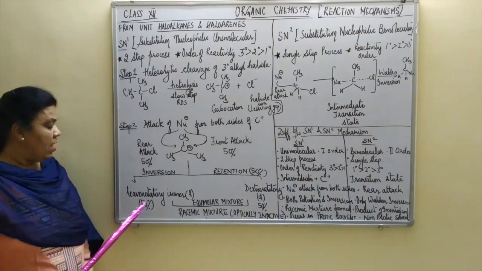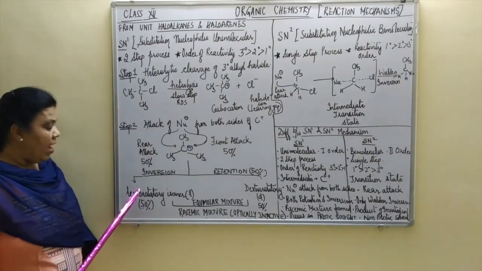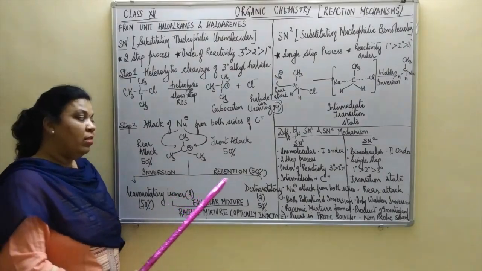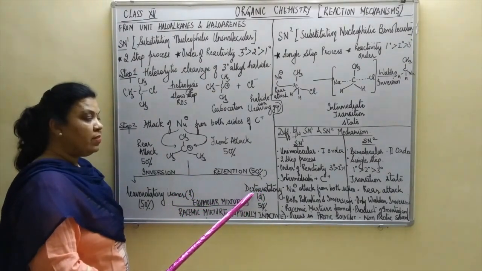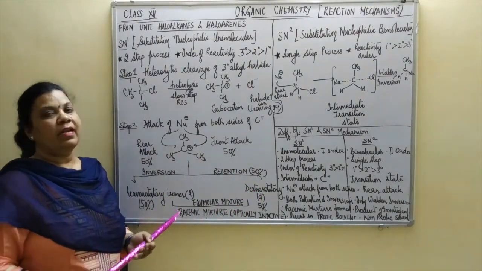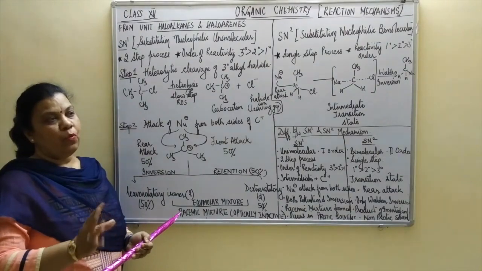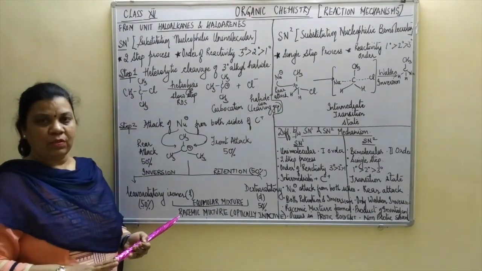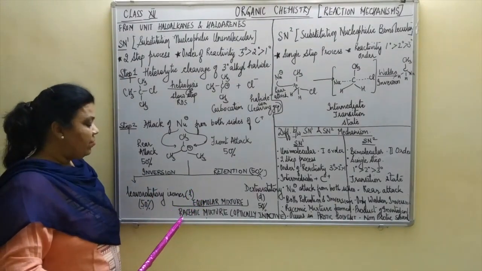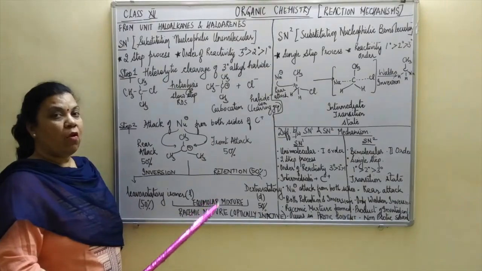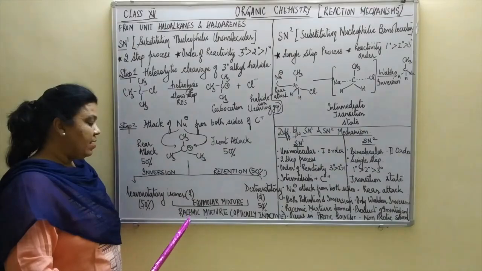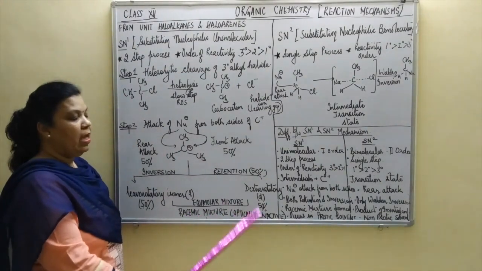It is so because if 50% of the levorotatory isomer is rotating the plane polarized light in the left direction, the dextrorotatory isomer is doing so in the right direction with the same angle. The net result is that the optical rotation in both the left and right directions cancel out and the net rotation becomes zero. This phenomenon is called external compensation. Please note down external compensation, which makes this racemic mixture optically inactive.